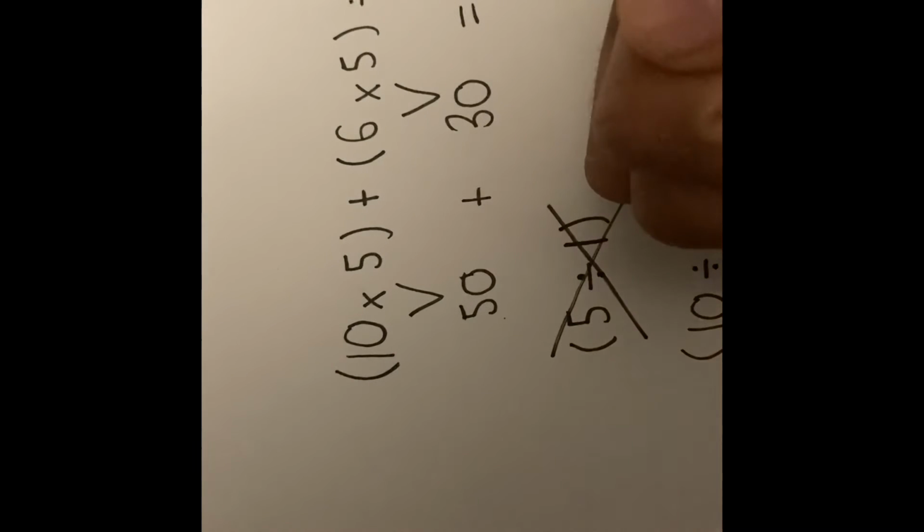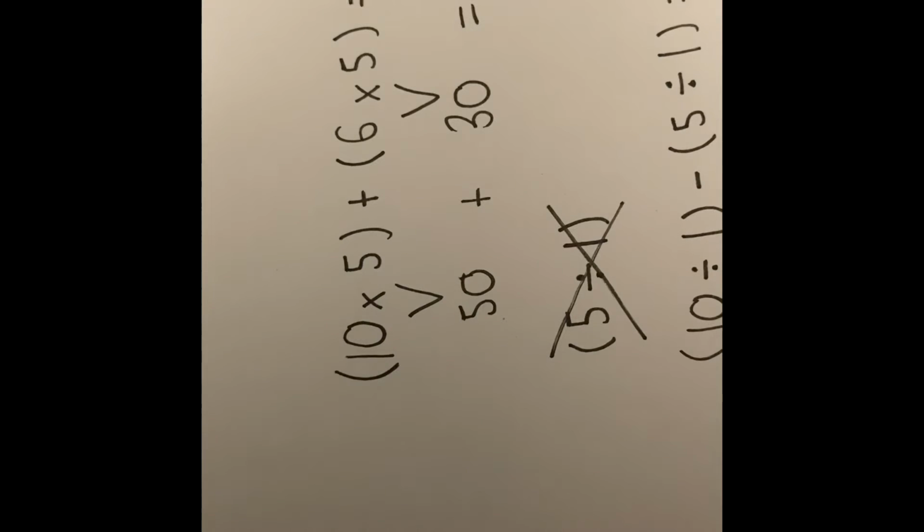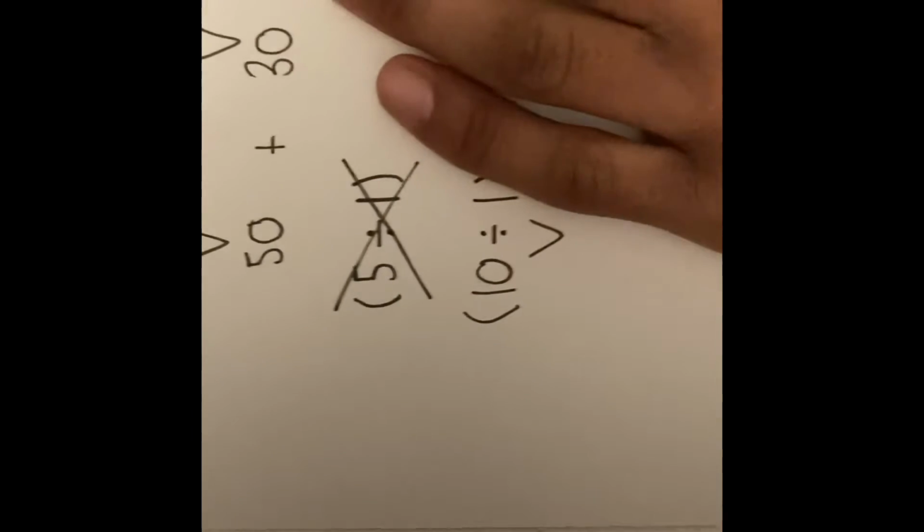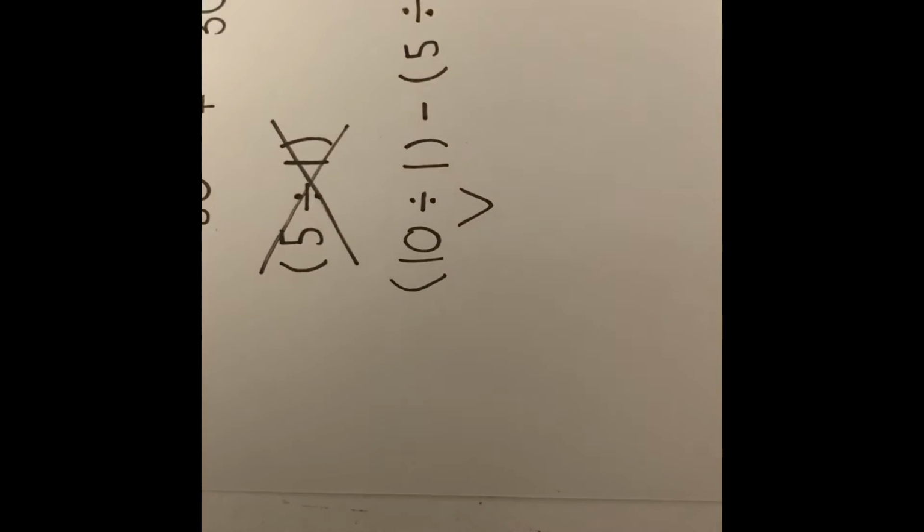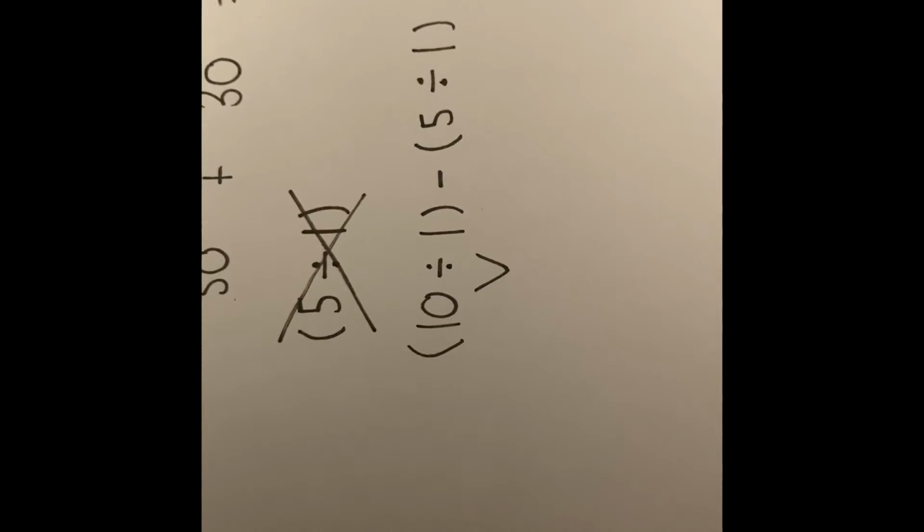Okay, so 10 divided by 1 is pretty much like 1 times 10. Hmm, let me think.